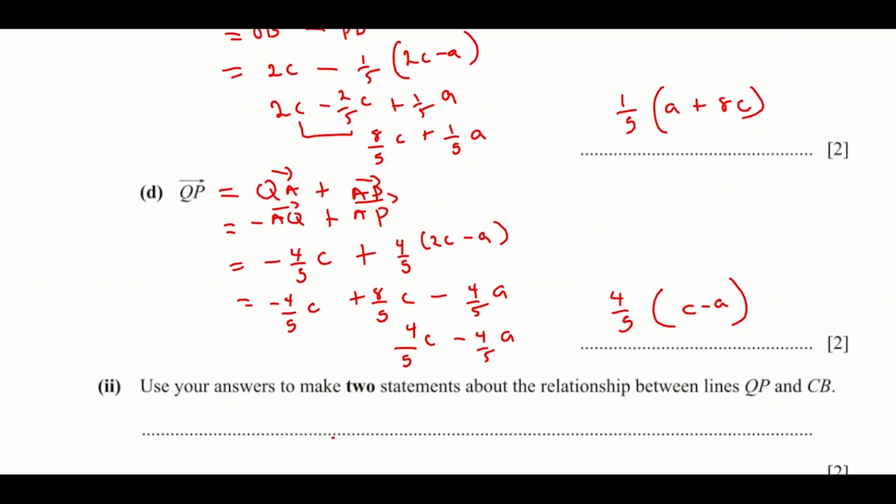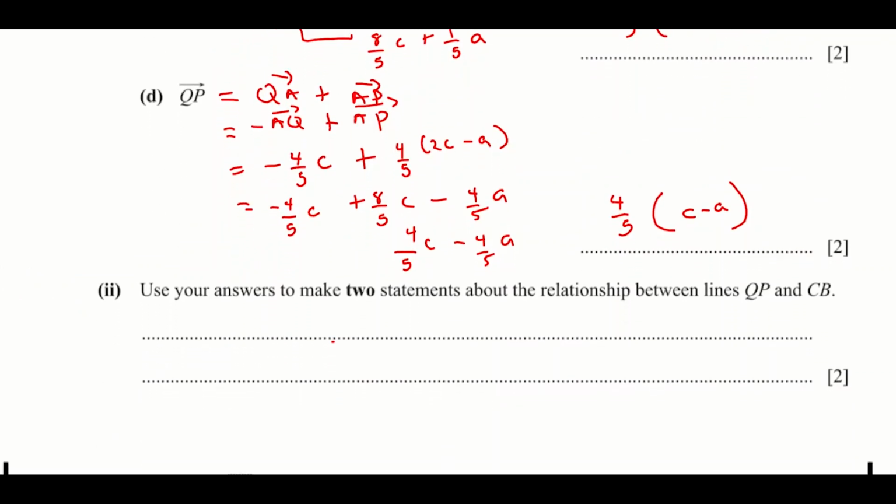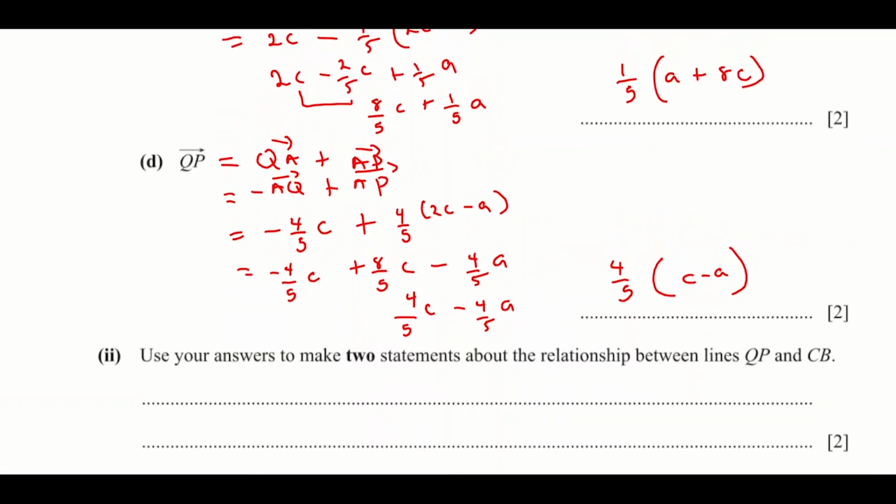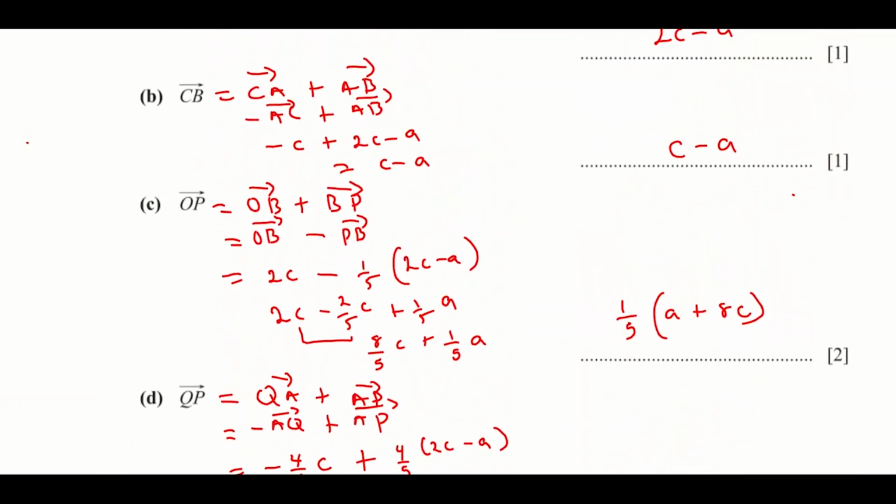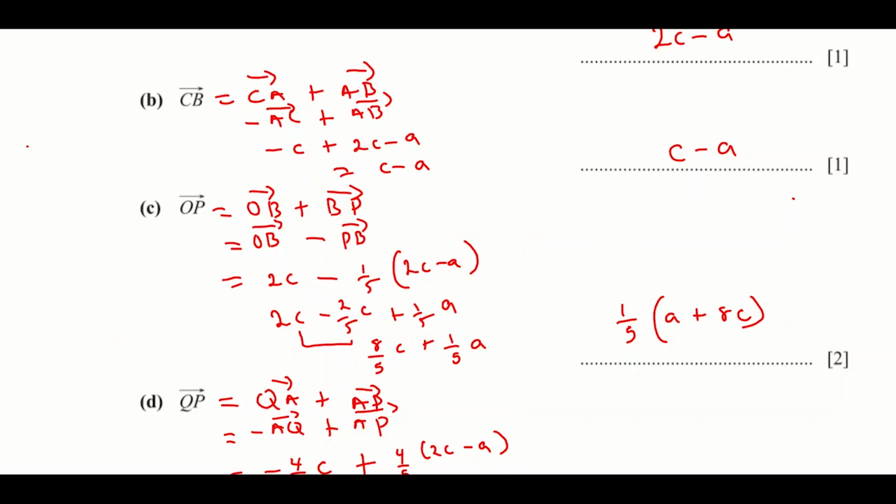Okay, so Roman figure 2, use your answer to make two statements about the relationship between lines QP and CB. So let's go to CB. So let me write it here.